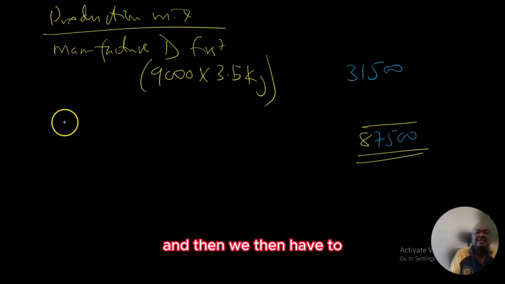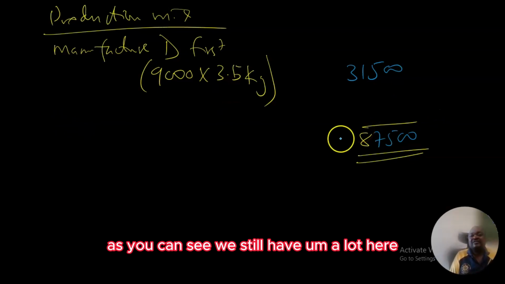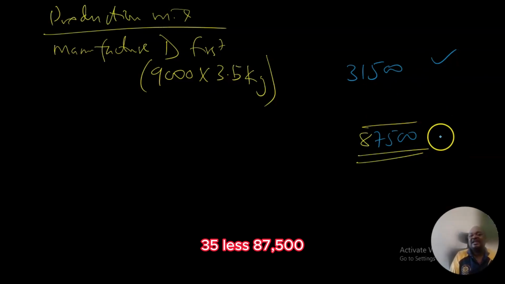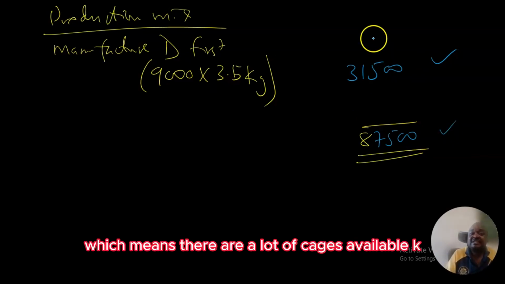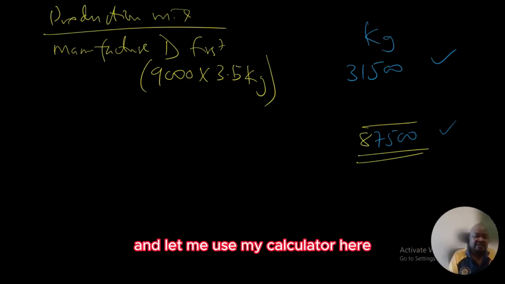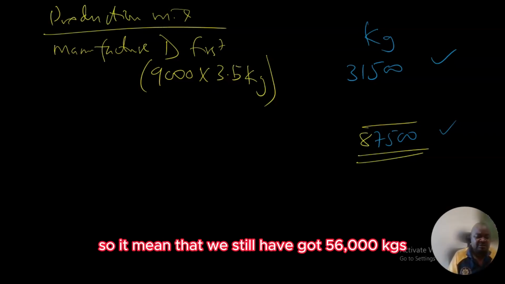And as you can see, we still have a lot of kgs available. 87,500 minus 31,500, it means that we still have 56,000 kgs.